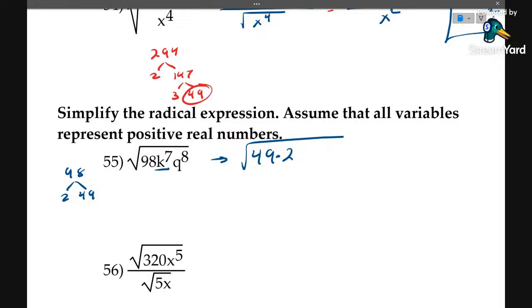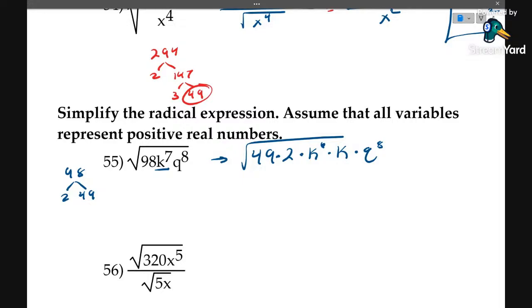K to the 7th. I can't divide 7 by 2. So I want to find the largest exponent less than 7 that is divisible by 2, which would be a 6. So I can split K to the 7th into K to the 6th times K. 8 is divisible by 2, so I don't need to change anything there.